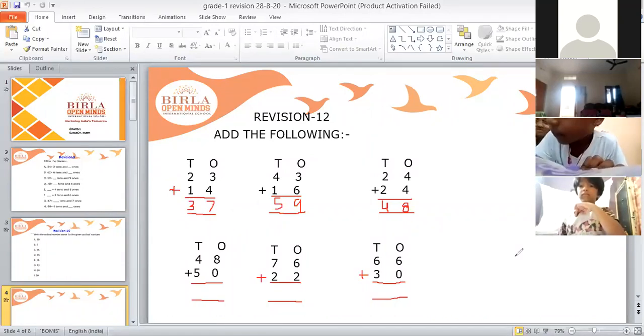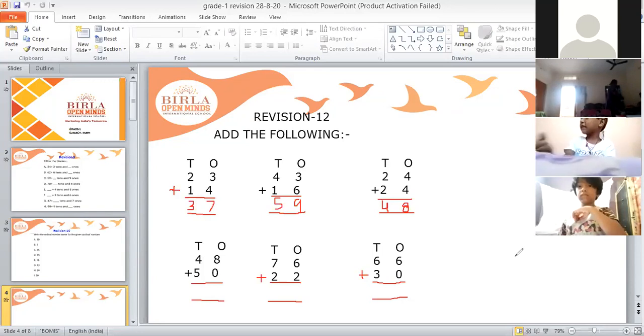Wrong. I said read that question. You are not reading that question. What is that question? Read the number in ones place and tens place together.